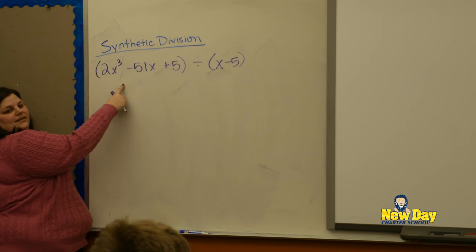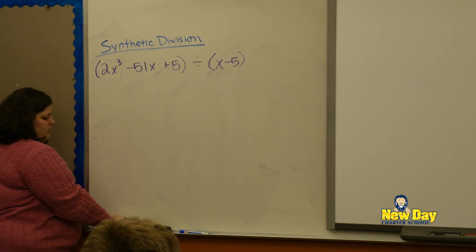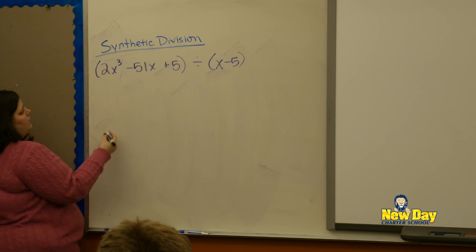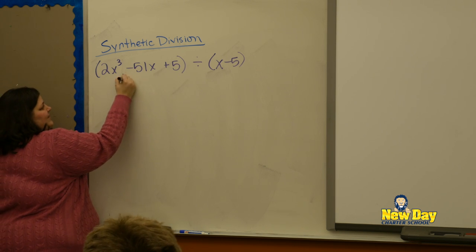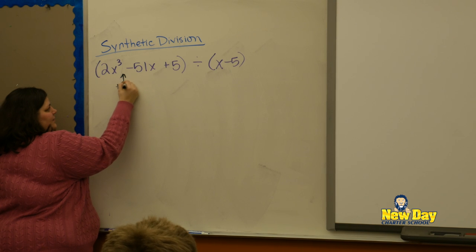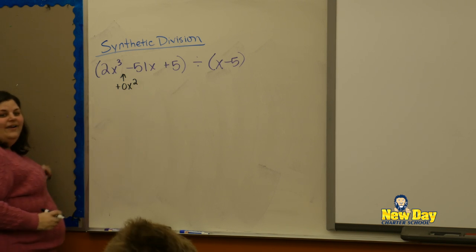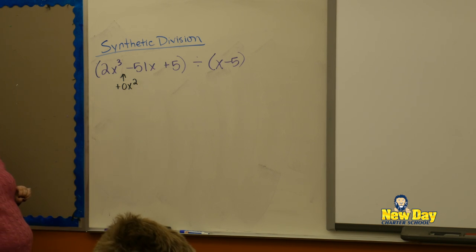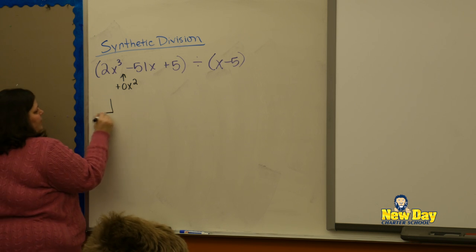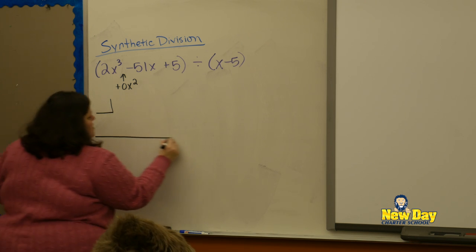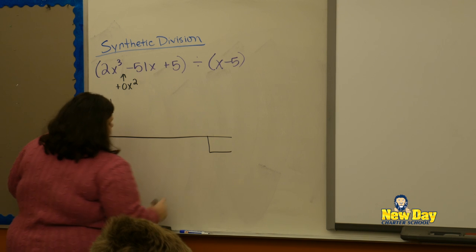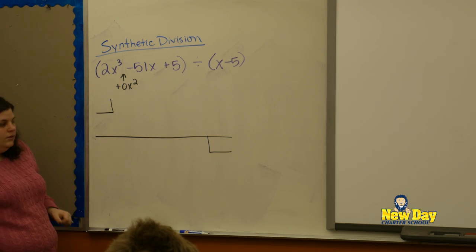Are we missing anything here? Yeah. What are we missing? 0x squared. We're missing an x squared, so here we're going to do plus 0x squared. This is very important. Okay? Because when we set up our synthetic division, okay?